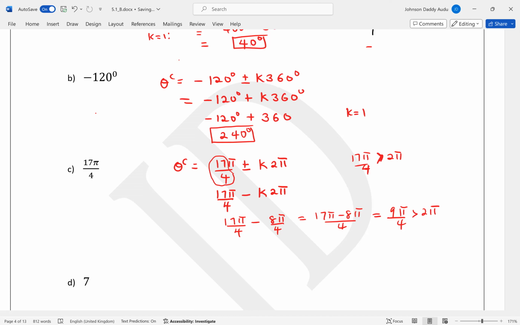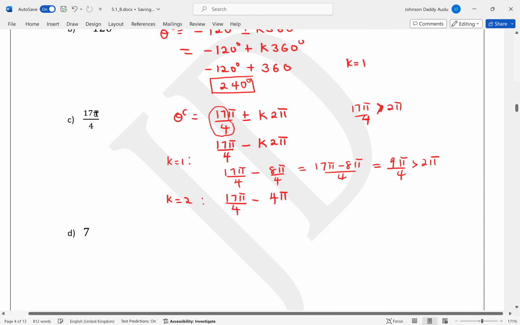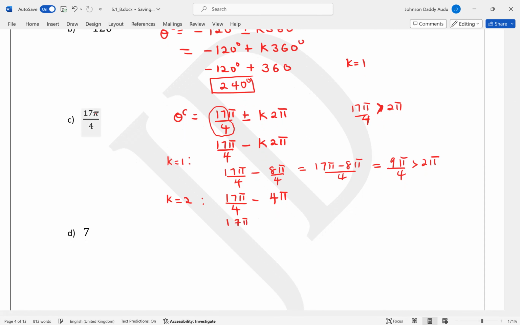Remember, we chose k to be 1 before. So let's take k to be 2. If k is 2, we will have 17 pi over 4 minus 4 pi, which is 17 pi over 4 minus 16 pi over 4.